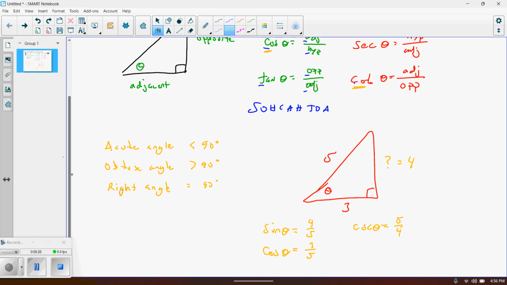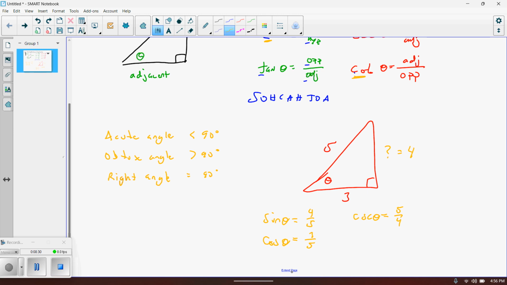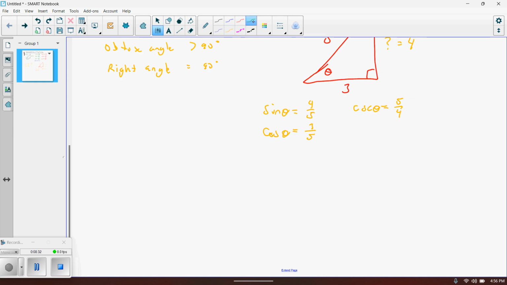So let's write down some of the identities that we're going to need, because these are very important from here on out. You have what are called the reciprocal identities. We just talked about the reciprocals. Reciprocal identities. And that says that cosecant of theta is equal to sine flipped over. Well, that's the same thing as 1 divided by sine of theta.